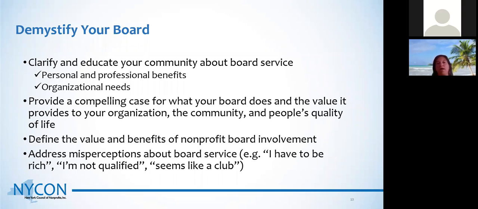And so being very intentional about that is really important, and making sure that you have a clear understanding of what people's perceptions of your board are. Are you respected? Are you seen as important? Have you told the story of all of the work that the board is doing to help the organization?